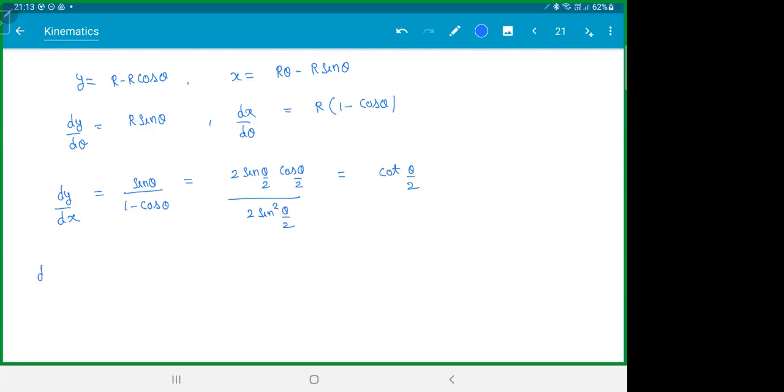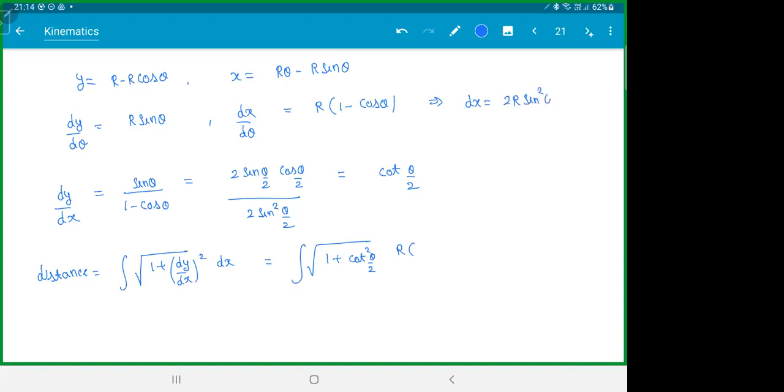Now, using the formula for distance, integral root over 1 plus dy by dx whole square into dx. Substitute everything here. You get root over 1 plus cot square theta by 2 into dx, and dx would be r into 1 minus cos theta, that is 2r sine square theta by 2 into d theta.